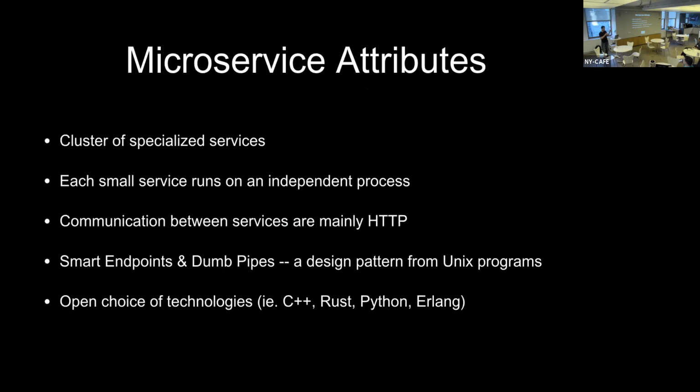So this may be something that just takes an image and compresses it, and that's all it does. It pushes it out to the next thing and it's done with its job. Or maybe it only handles one route that's coming through and passes that off to a controller somewhere to do some logic.